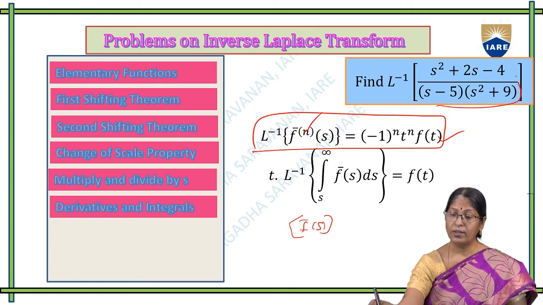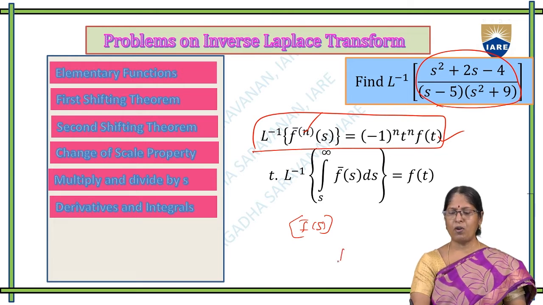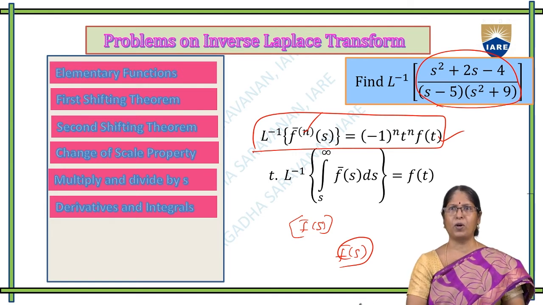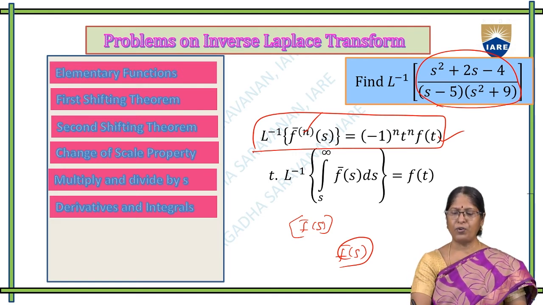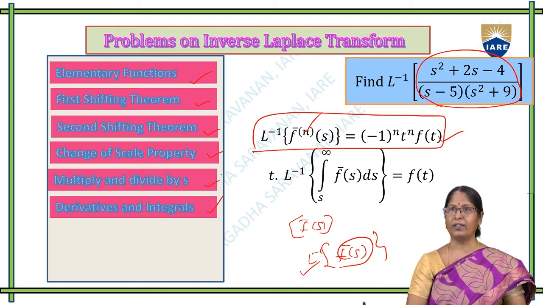So here we have to pick what is f bar of s. Assuming the same part of the problem or the complete problem, we have to find the inverse. Again, these are the possibilities only. All the possibilities we are checking.